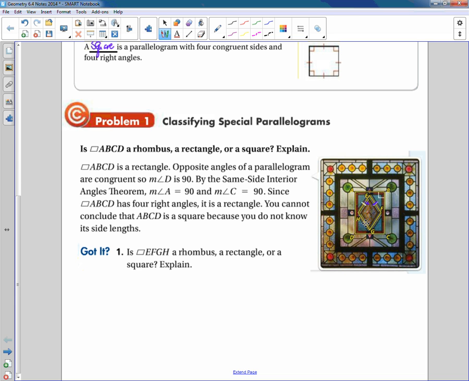So if this side is congruent to this side, and if this side is congruent, then what do we know about this one? It's congruent. So that does give us four congruent sides. If it has four congruent sides, it's either going to be a rhombus or a square. Now, do we have right angles? No, it does not look like we have right angles. So what would it be? A rhombus. Very good.